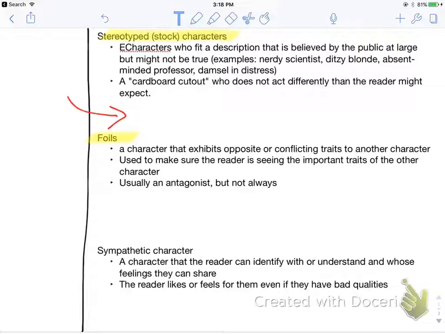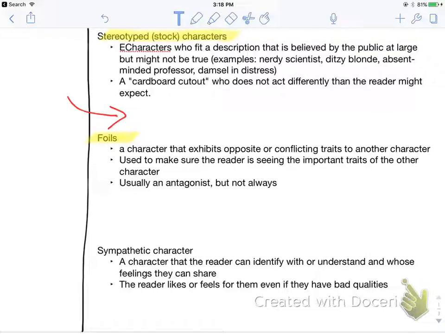I sometimes think of it as using foil, like aluminum foil, kind of like a mirror. And if you step up in front of a mirror, it reflects back. And that's what you would imagine that one of these characters is made of aluminum foil, and then reflects back the characteristics of the other character.